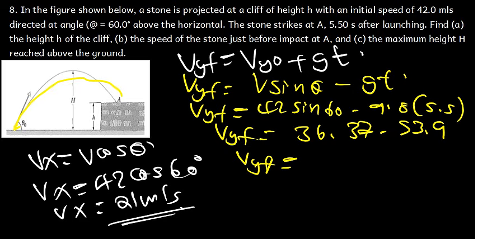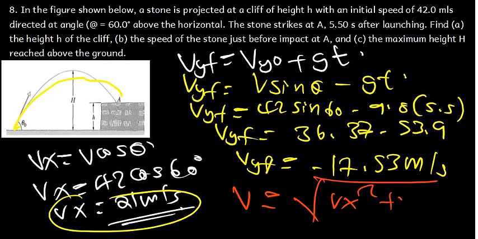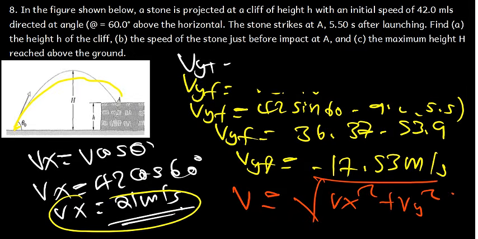To find the velocity, the formula now is the square root of Vx squared plus Vy squared. Let's plug in.